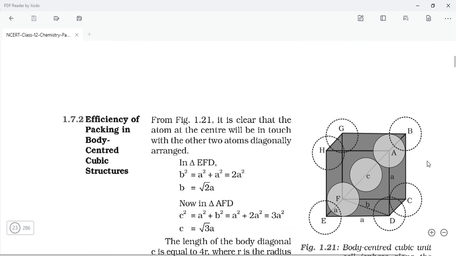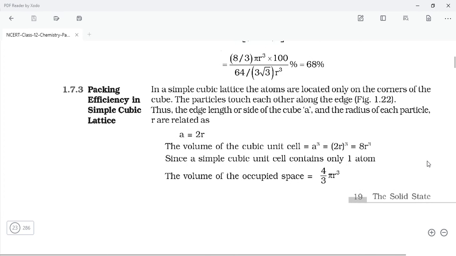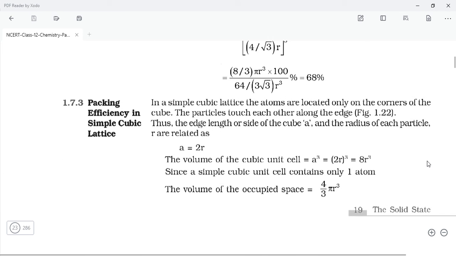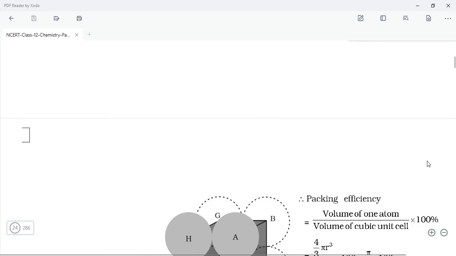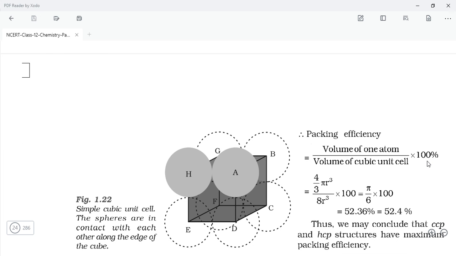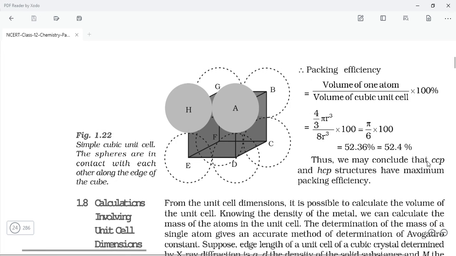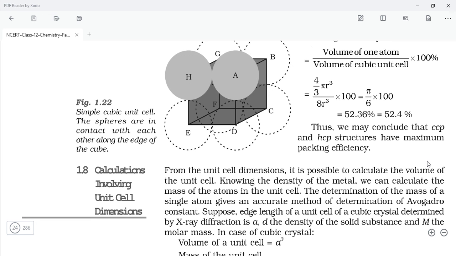And then you have BCC with 68%, and then you have packing efficiency in simple cubic lattice, and that comes around 52.4%. In the simple cubic unit cell, the spheres are in contact with each other along the edge of the cube. In some cases it might not be.